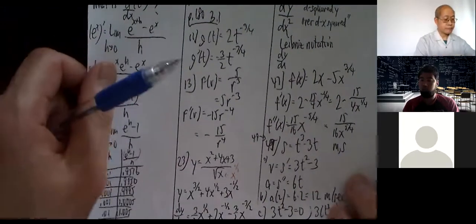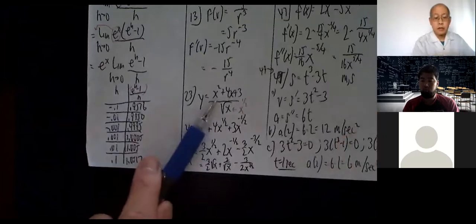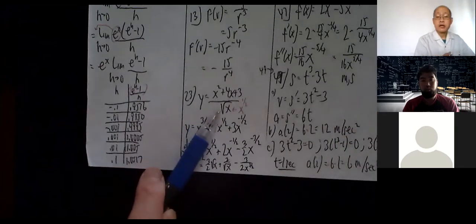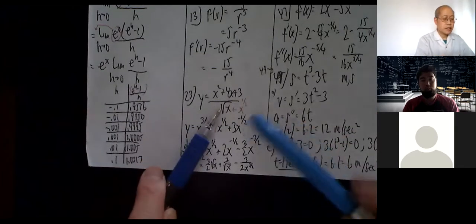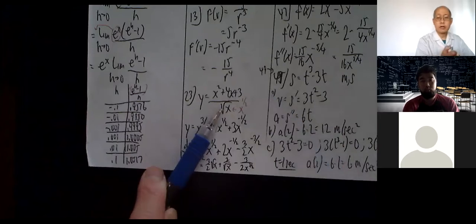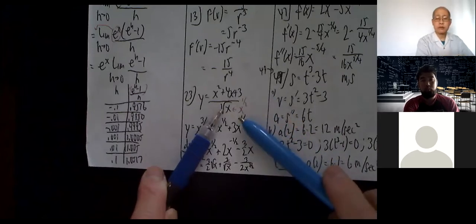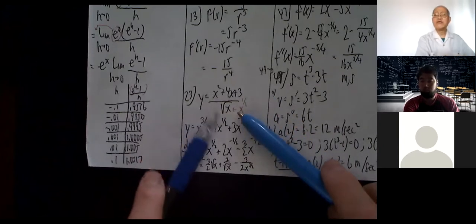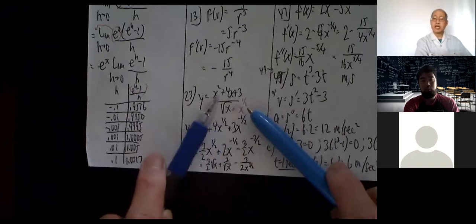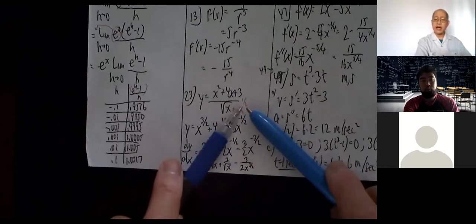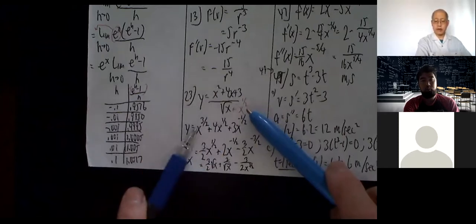So here we go. Now, keep in mind, what is square root of x? It's x to the 1/2. So pretend this is x to the 1/2. So x squared divided by x to the 1/2, I subtract 2 minus 1/2, which is 1.5 or 3/2.